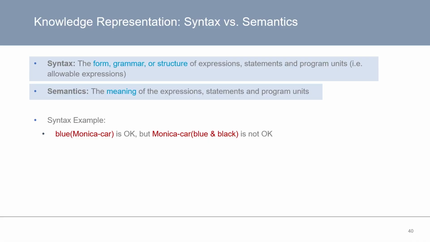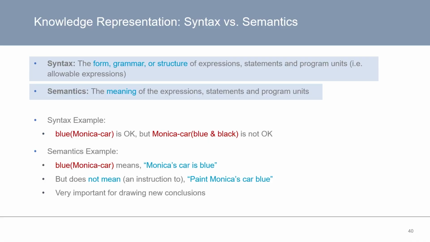It's allowed. But the representation Monica-car(blue and black) is not structurally okay. An example of semantics might include that the symbol structure blue(Monica-car) means Monica's car is blue, but it does not mean an instruction to paint Monica's car blue. This distinction is obviously very important for drawing new conclusions.